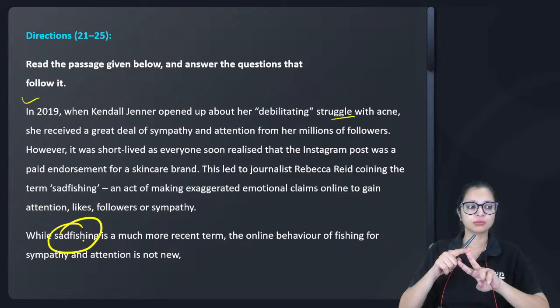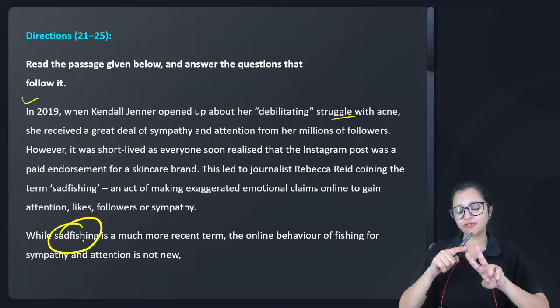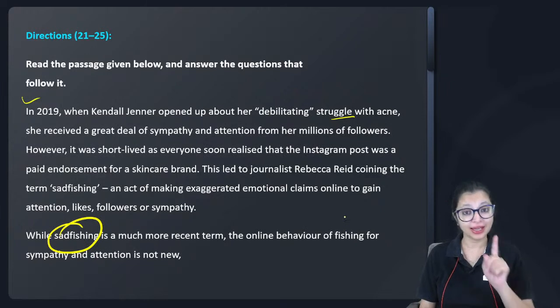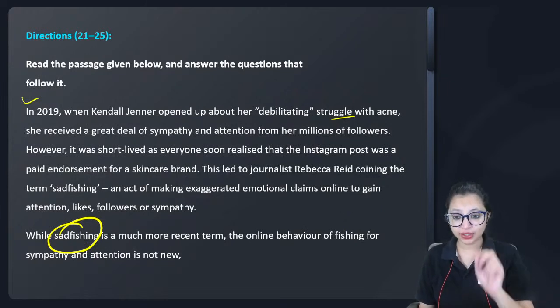Or I pretend to be sad on social media to get likes and views. I get them. I get the attention. ये भी sad fishing है. तो sad fishing genuine भी हो सकती है और made up भी हो सकती है. दोनों तरीके की sad fishing हो सकती है. And that's exactly what you had to.